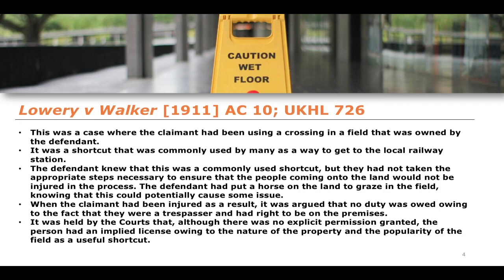Given the fact that the defendant knew that this was a popular shortcut, they didn't take any steps to ensure that people would not use it as a popular shortcut. They didn't put signs or fences or locked gates up. They just knew that it was a popular shortcut and that people would walk through it.